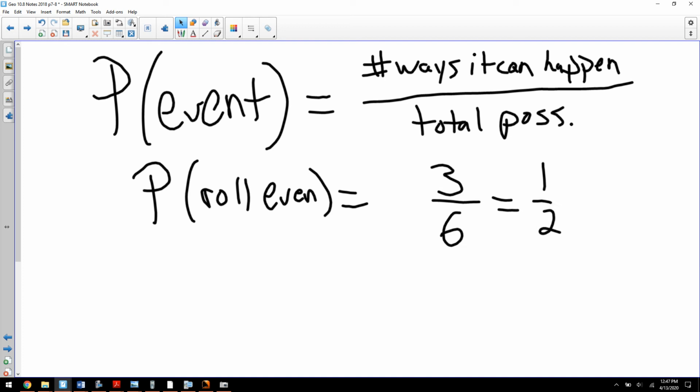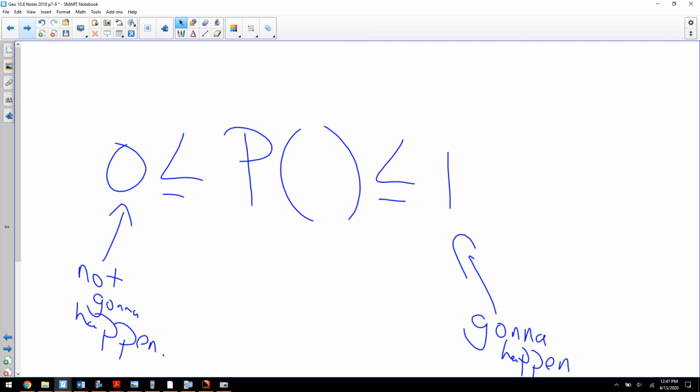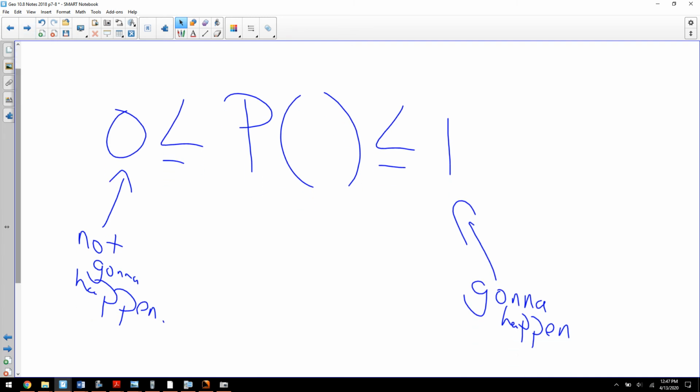So what happens here is with probabilities, we're always going to be dealing with a fractional amount, because you have a range of possibilities. So probabilities of some event will always be between 0 and 1. If the probability is 0, it means it's not going to happen.